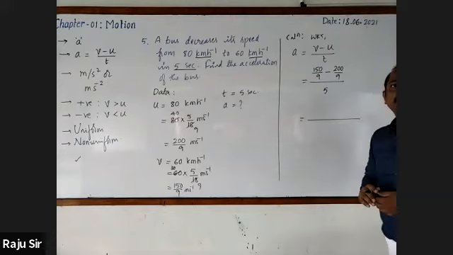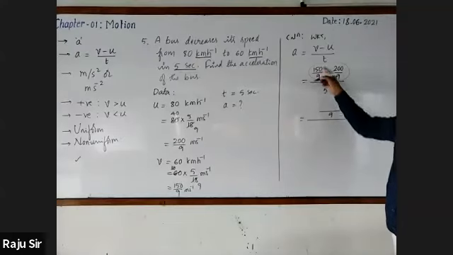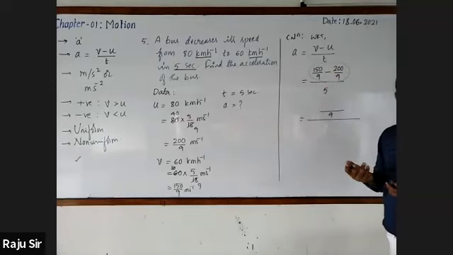It is equal to, Sir, can you take LCM? Simplify the numerator. LCM is 9. Numerator 150 minus 200 will be minus 50. Denominator terms are same.